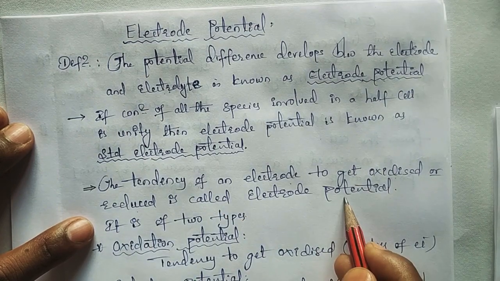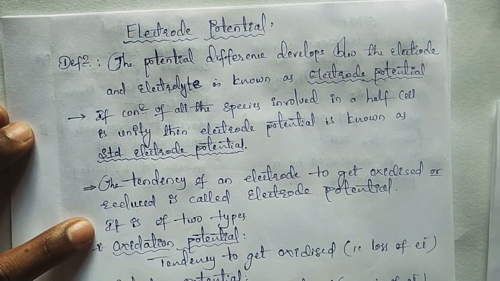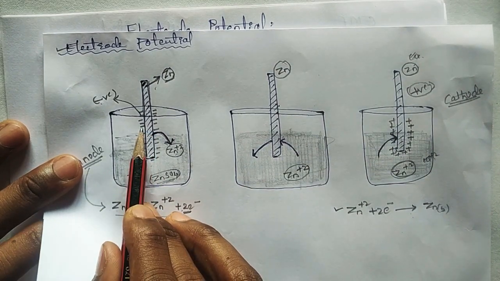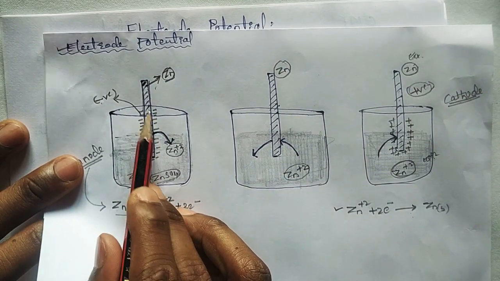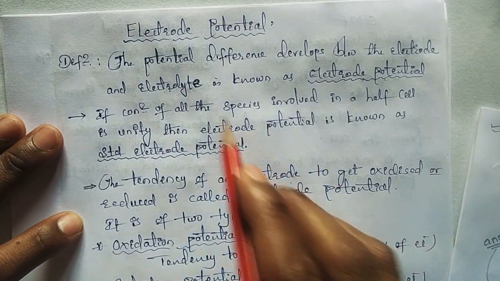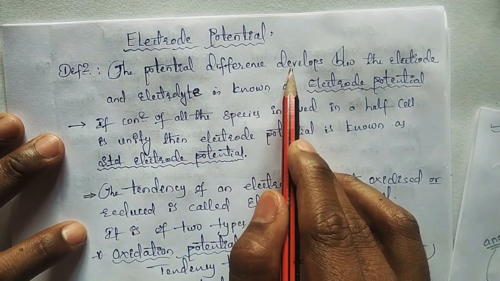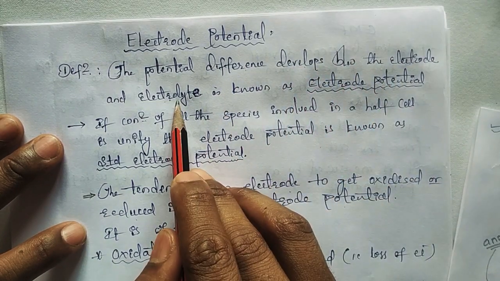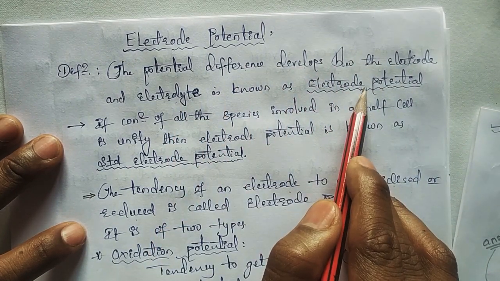Or simply we can say at the point of equilibrium, there is a separation of charges between electrode and its solution. This develops a potential difference. The potential difference that develops between the electrode and the electrolyte is known as electrode potential.